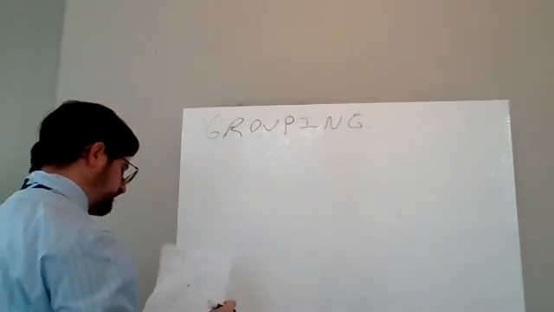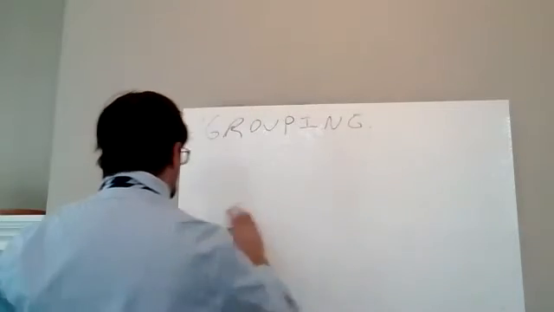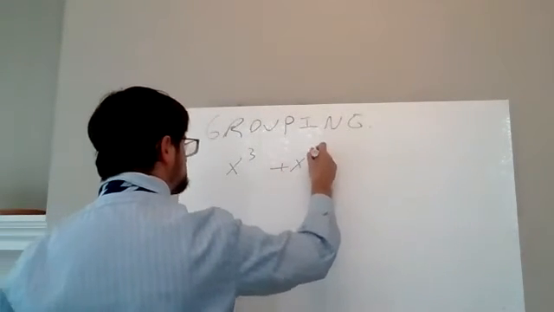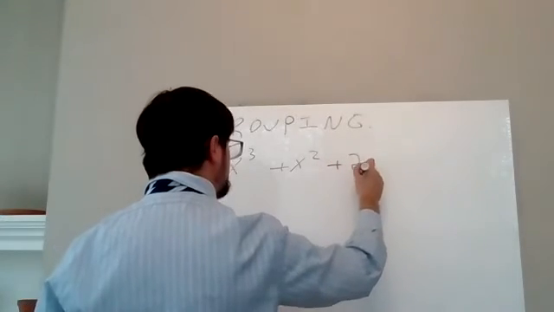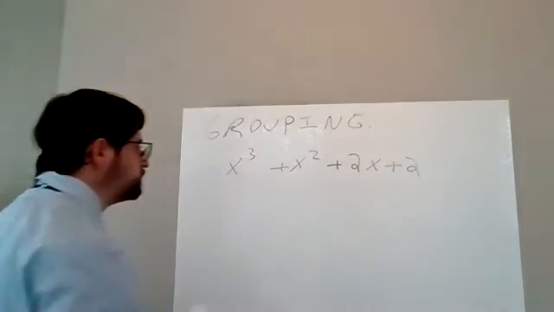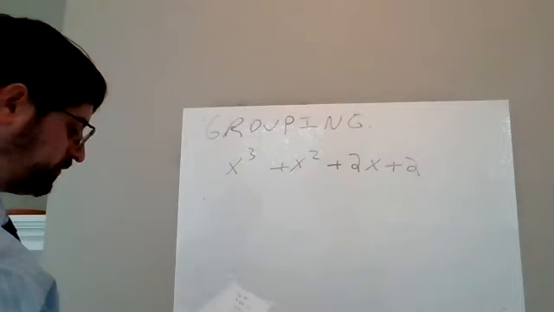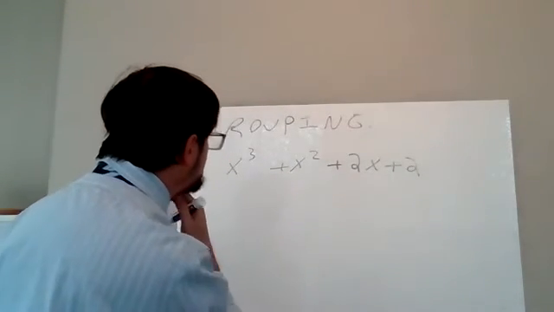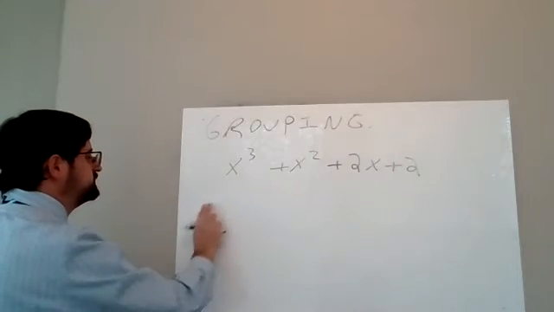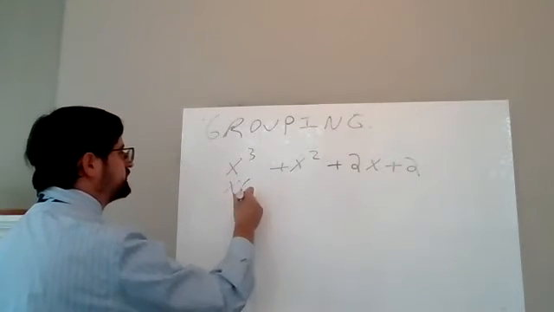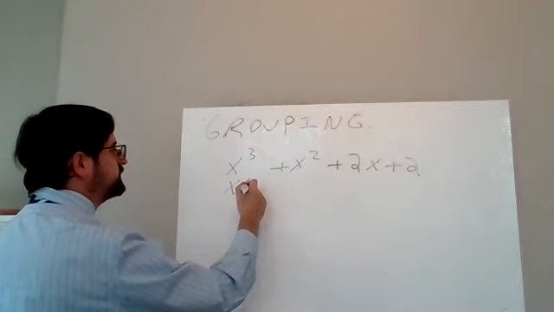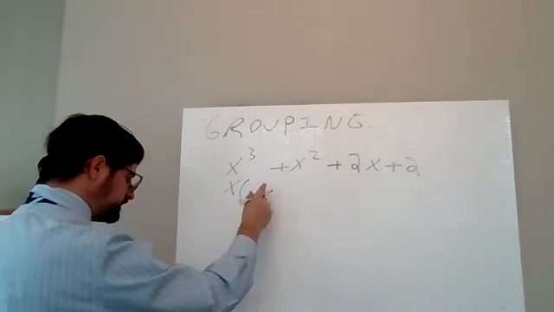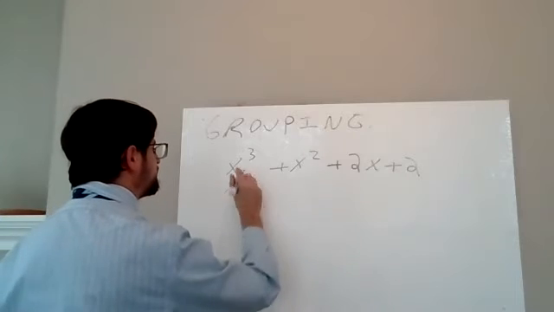An example of that is, what if I have the polynomial x cubed plus x squared plus 2x plus 2, and I want to figure out what the zeros of this polynomial are. Well, I might recognize that I can tactically group things. I'm going to pull an x squared out of the first part.